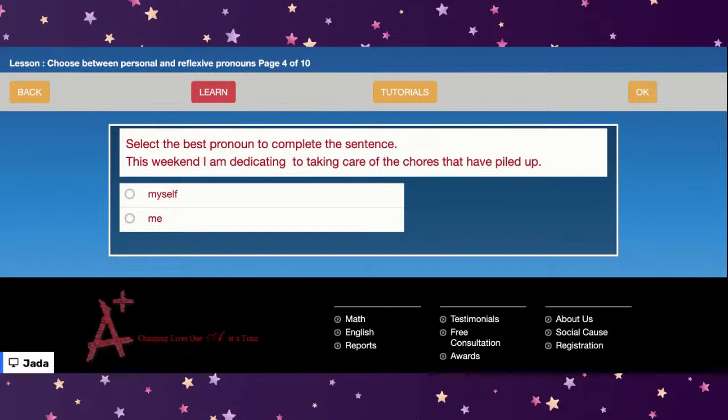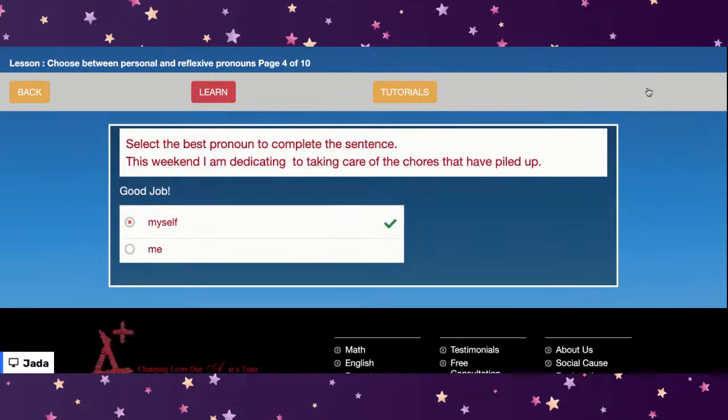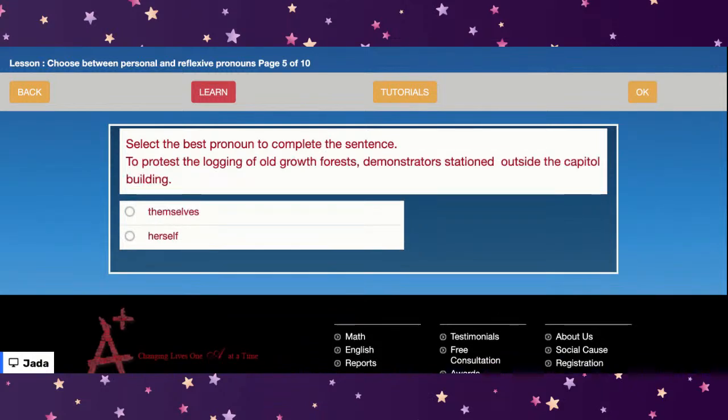I am what? Dedicating myself. Okay, I'm dedicating myself. To protest the logging of old-growth forest, demonstrators stationed dash outside the capital: themselves or herself? So, themselves. Okay.